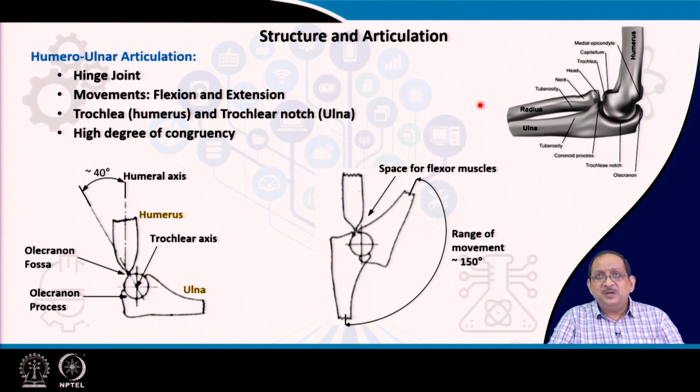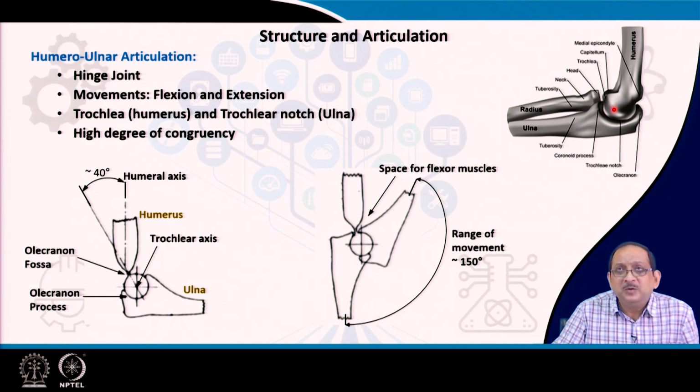So, if I look into the structure, we see that the trochlea, that is a bony structure in the humerus, actually articulates with the trochlear notch, which is located within the ulna.